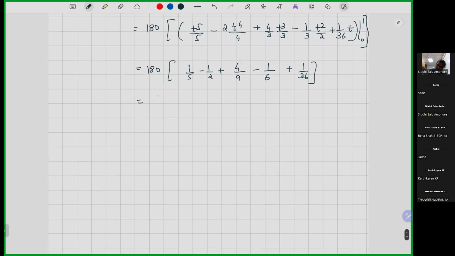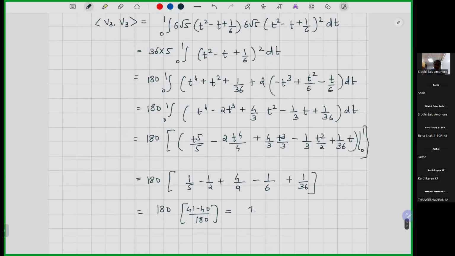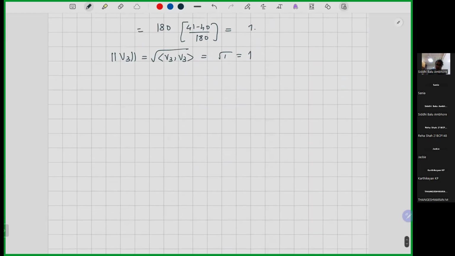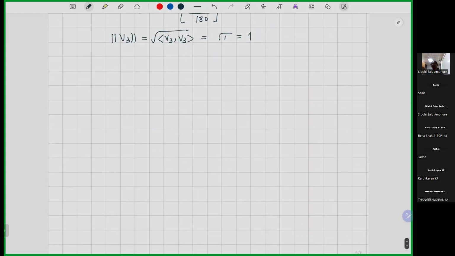And if you calculate this, this is 180 into 1 by 180. Just trust me that it will be 1. Okay. If you calculate, it will be 41 minus 40 and 1 and so on. So norm of V3 again is square root of this V3 comma V3, which is square root of 1. So again 1. So at least all the elements have norm 1.